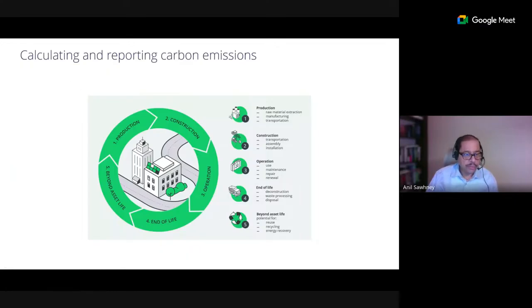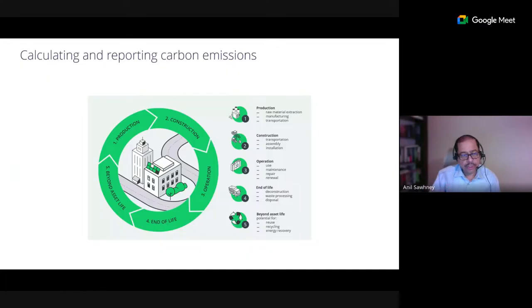But what we are going to be doing initially is calculating emissions across the life cycle: the production of the materials, products, systems, assemblies that go into our buildings or infrastructure projects. That is stage 1, production.